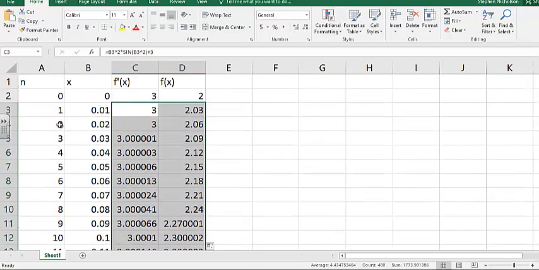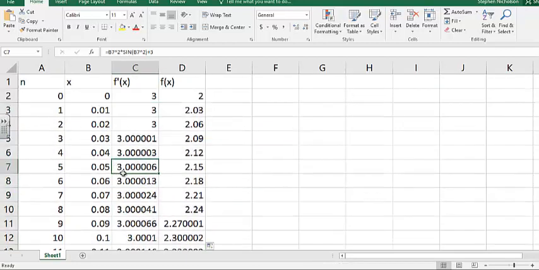Okay, so that's how it works. You evaluate your derivative at the first step. You multiply that derivative times the time step, or the x change, which is 0.01, and add it to the previous value. That gives you your delta y, so you keep updating y as you go along.